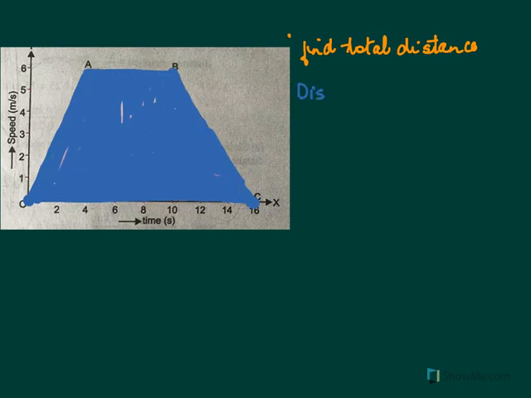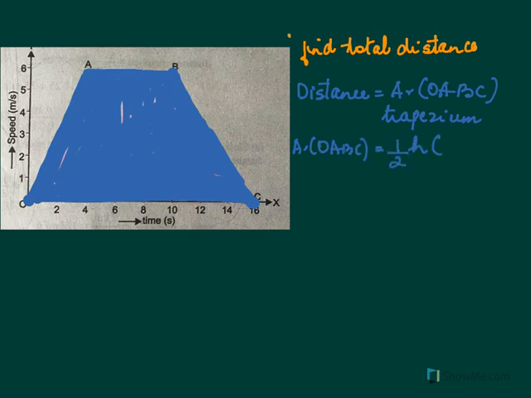So distance will be equal to the area of OABC, which is a trapezium. So we need to use the formula for a trapezium. To find the area of trapezium OABC, it is half, height of the trapezium, sum of the parallel sides.